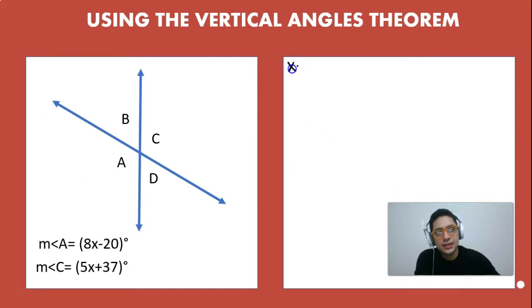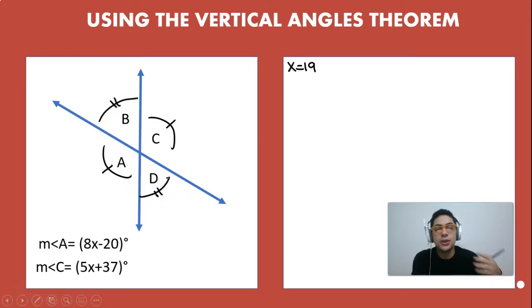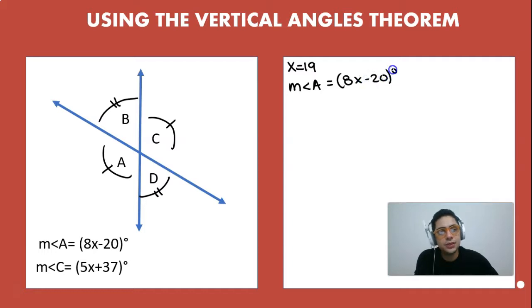Now that we know, guys, that x is equal to 19, we also know that A and C are vertical angles, so they have the same measurement, and B and D are also vertical angles, so they also have the same measurement. Let's find the value for A or C. The measurement of angle A, substituting the value of x, is 8x minus 20 degrees.